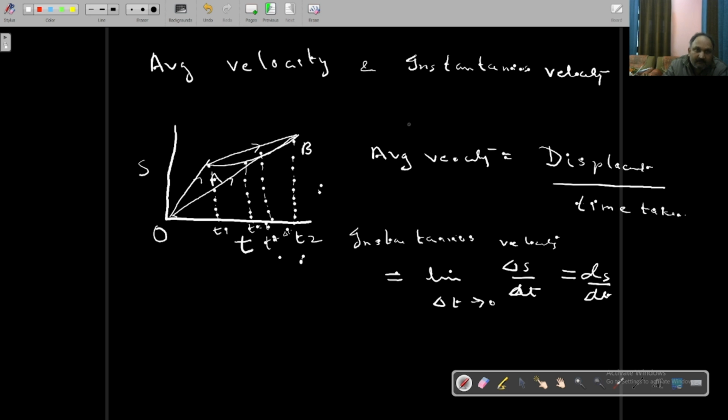That means if delta t tends to 0, then this point will coincide with this point, and we will get a slope which is ds by dt. Okay.